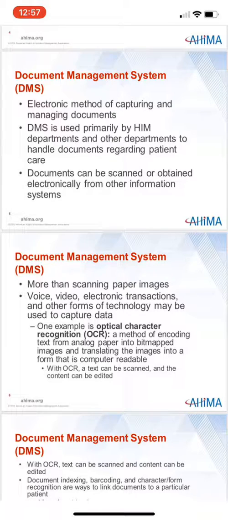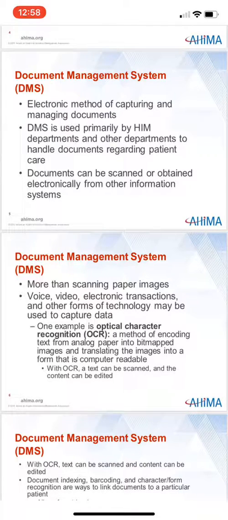Document indexing, barcoding, and character and form recognition are ways to link documents to a particular patient, thus allowing for retrieval. An index is an organized list of specific data that serves to guide, indicate, or otherwise facilitate reference to the data.